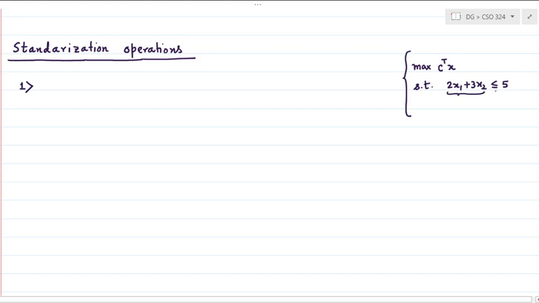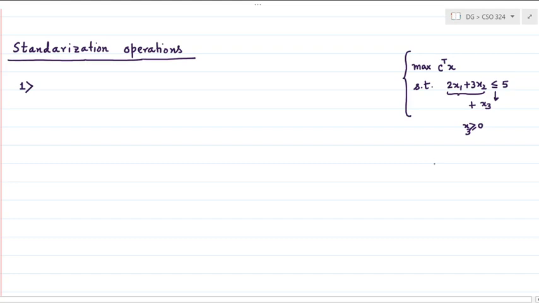So in order to make it equal, what we need to do is add a certain amount of value. Let's suppose another value x3, where x3 is a non-negative quantity. If you add this deficit value to reach the value 5, let's suppose I have certain values of x1 and x2.